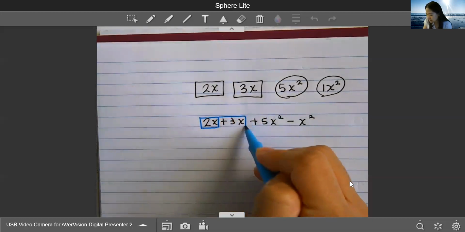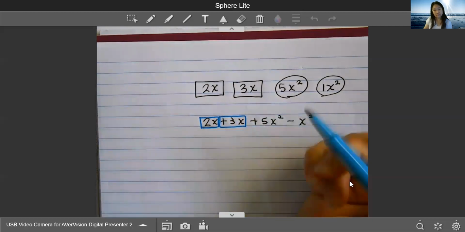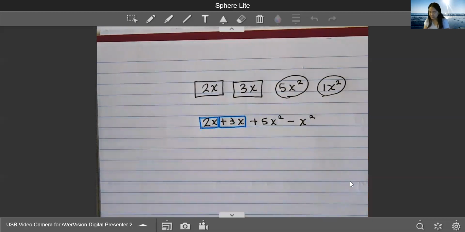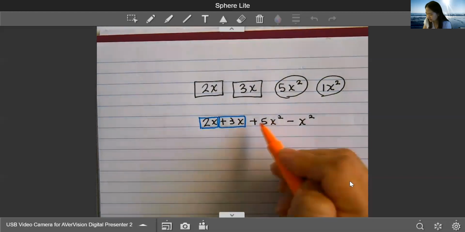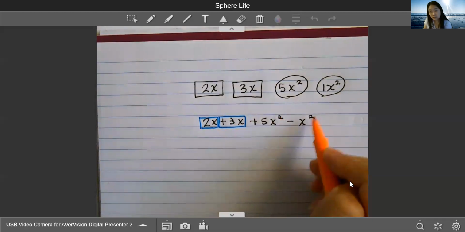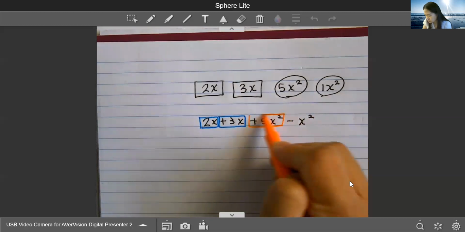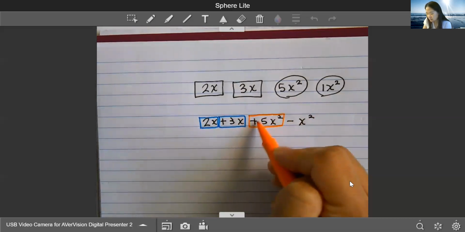You need to box them together like this. This one doesn't have a sign, but you know that there is an invisible plus sign. It's a positive 2x, okay? And then I have another 5x squared, and then the x squared, those are like terms. But you want to make sure to circle the sign along with it.